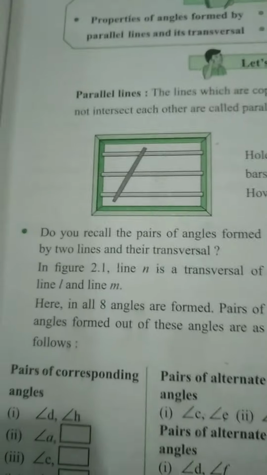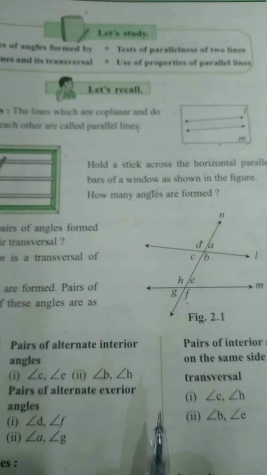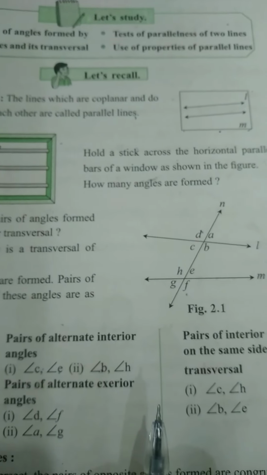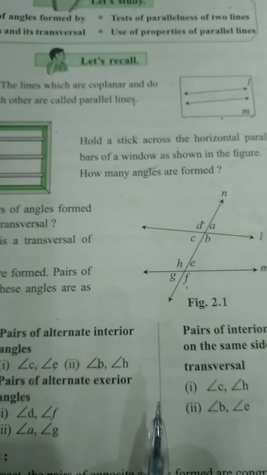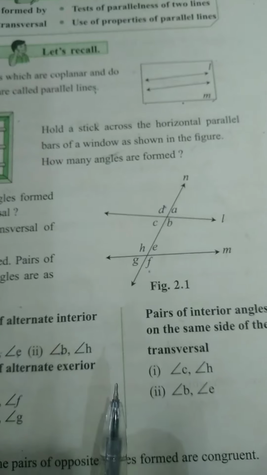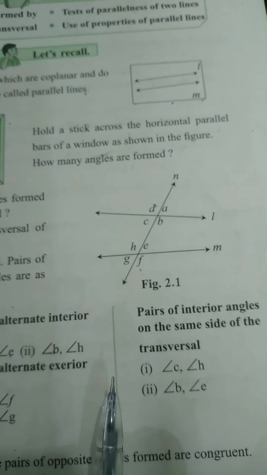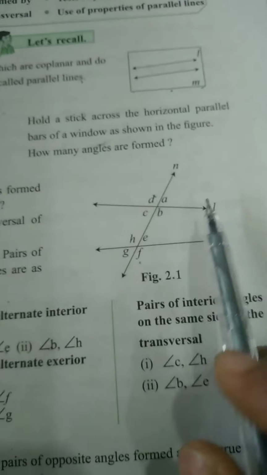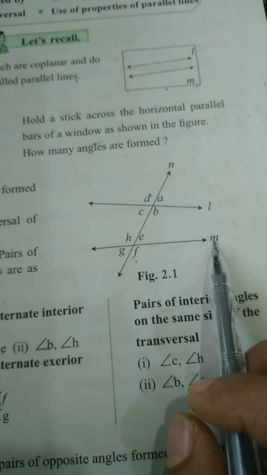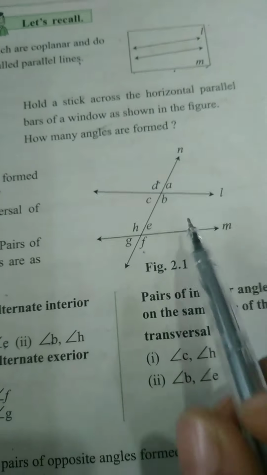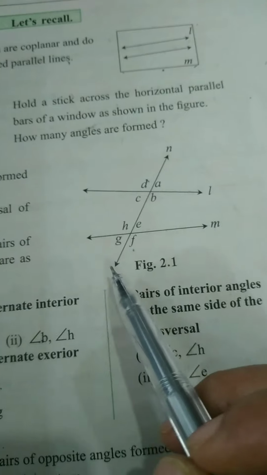Now we will see the pair of corresponding angles, pair of alternate interior angles, pair of alternate exterior angles, and pairs of interior angles on the same side of the transversal. In this figure, we can see L and M are the parallel lines and N is the transversal.